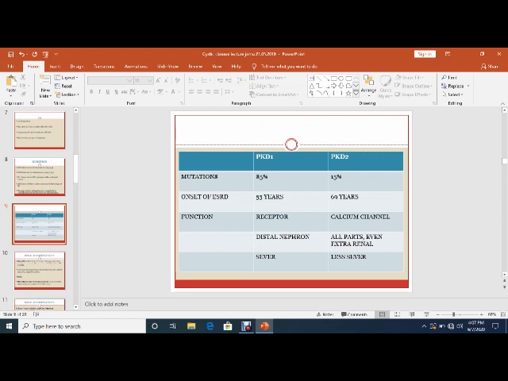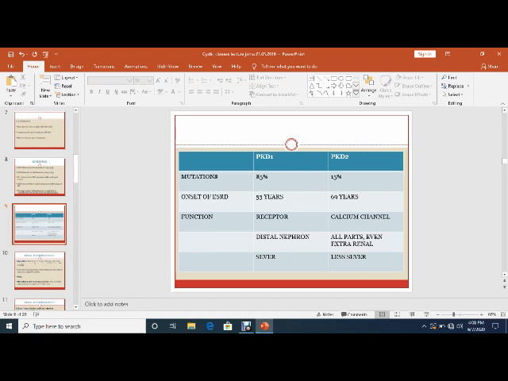This slide shows the difference between PKD1 and PKD2. If you see, the mutation is more common in PKD1, 85%, and 15% PKD2. That is why PKD1 has the severe form and early presentation. Onset of end-stage renal disease, sometimes even in the adult stage of life, or more than 50, and PKD2 near 70.